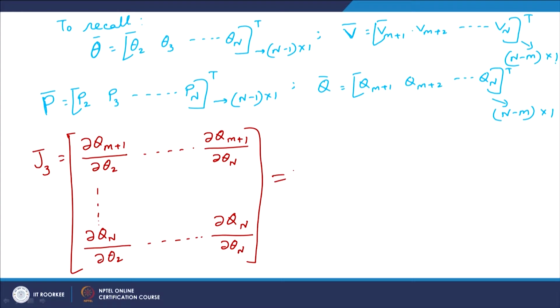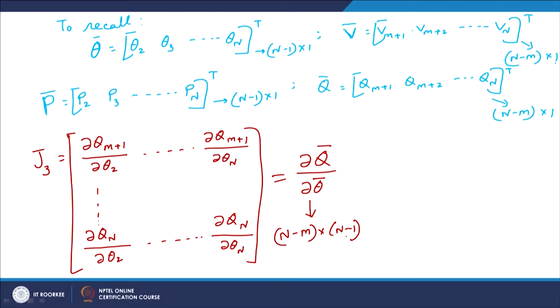So, we call it del Q, the partial derivative of Q vector with respect to theta vector. And what would be the dimension? There are n minus m rows and n minus 1 columns. So, n minus m cross n minus 1.